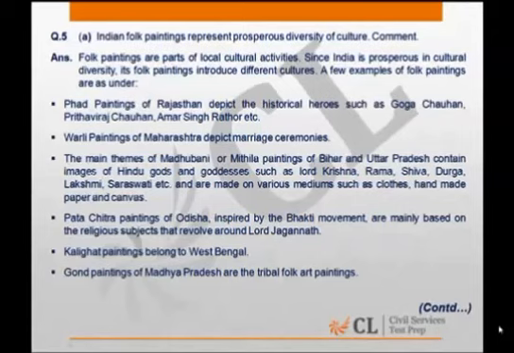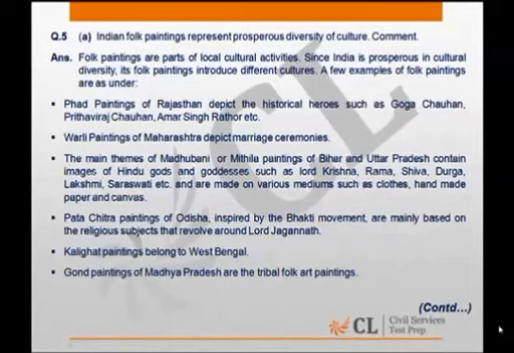Indian folk paintings flourished during different eras and depicted all walks of life. Since it was not a court art, not patronized by some emperor or dynasty, it flourished diversely in different ways and thus depicts all walks of life.